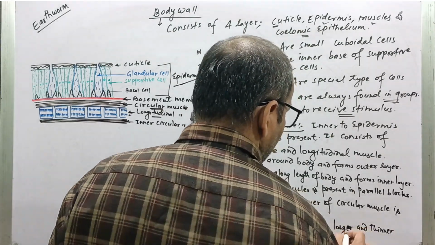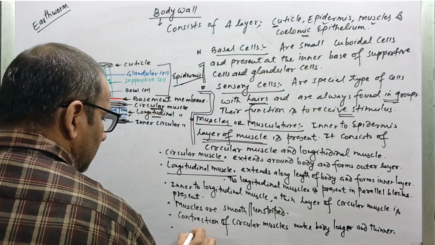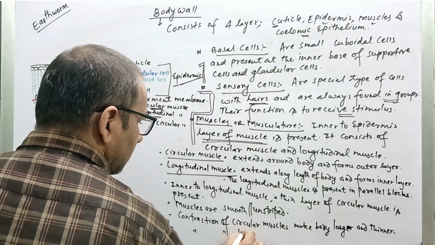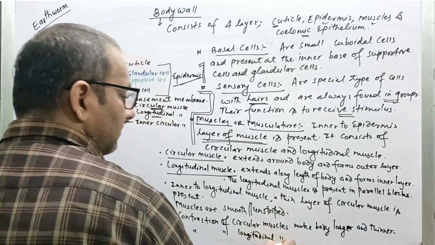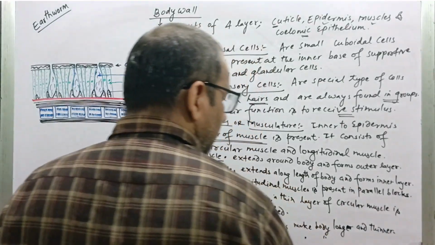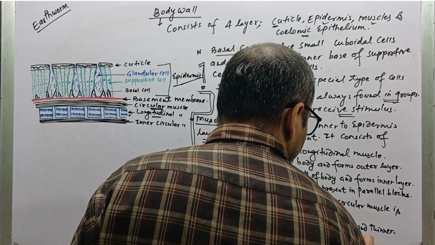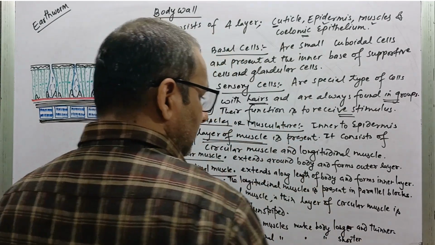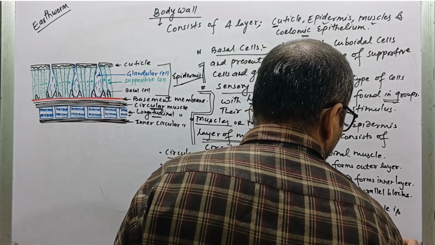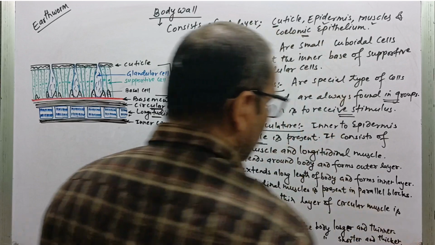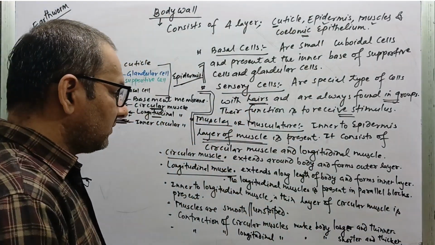The body becomes long and thin, while contraction of longitudinal muscles makes the body shorter and thicker, and the two muscles are antagonistic to each other in function.